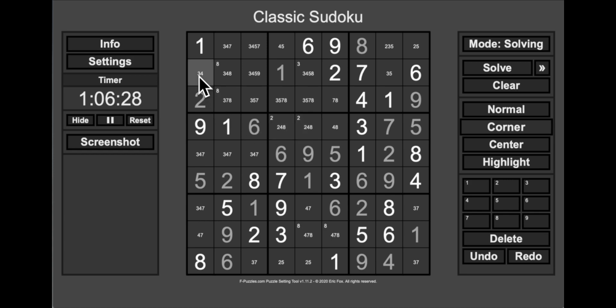Okay, this cell can't be 9. And these cells can't be 9. And this isn't 9, and that's not 9. So 9 in box 1 has to go here.